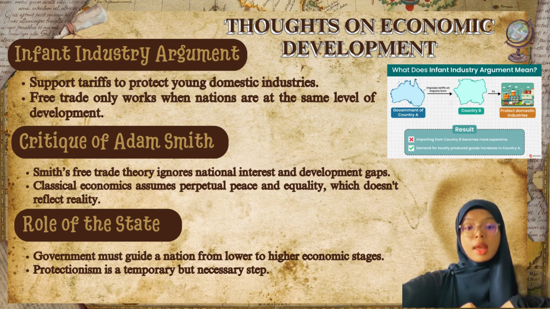Classical economists wrongly assume constant peace and equality. Finally, on the role of the state, List insisted that governments must actively guide their economies from lower to higher stages of development. In his view, protectionism is not ideal but necessary, a temporary step to long-term national strength.